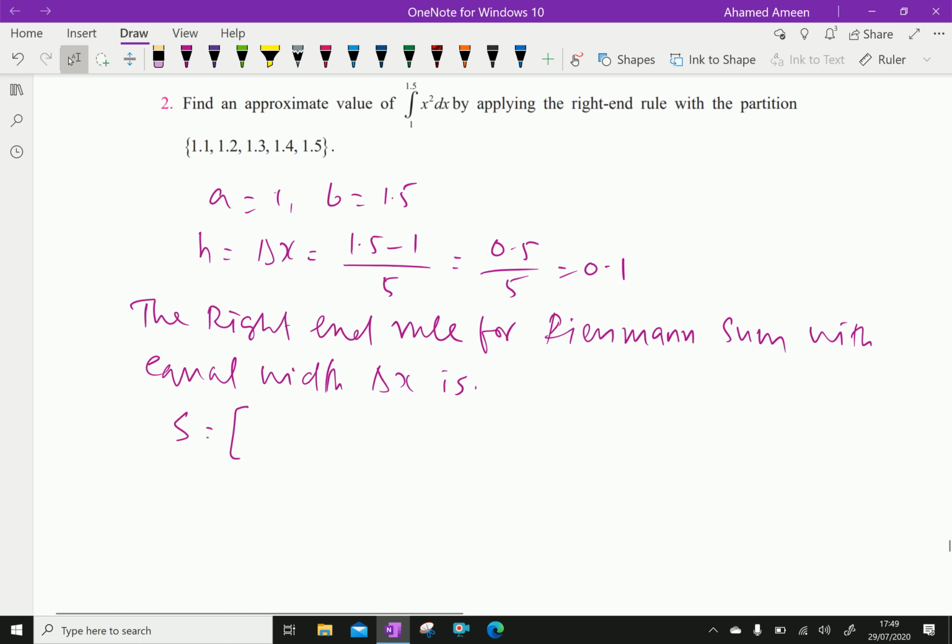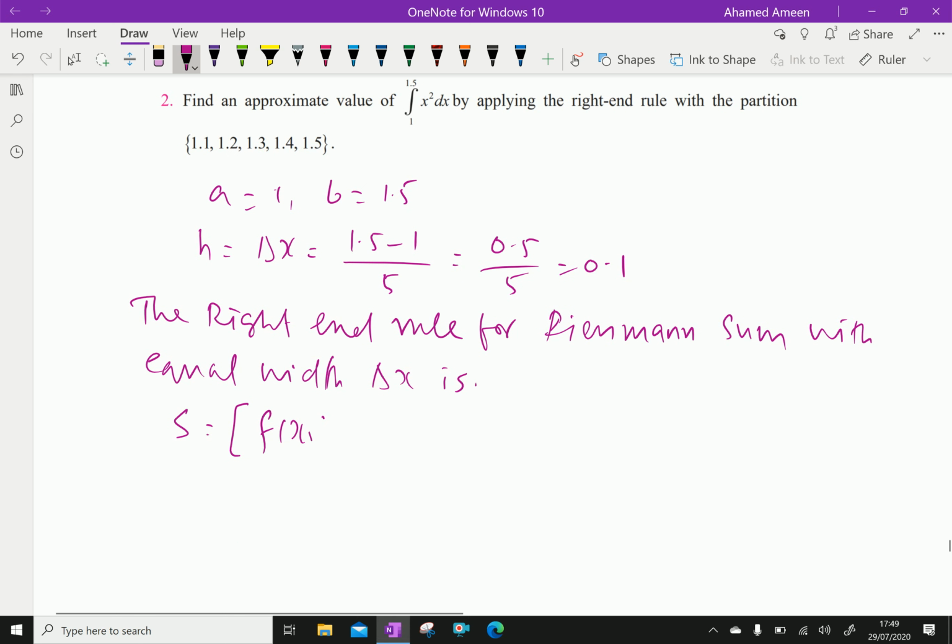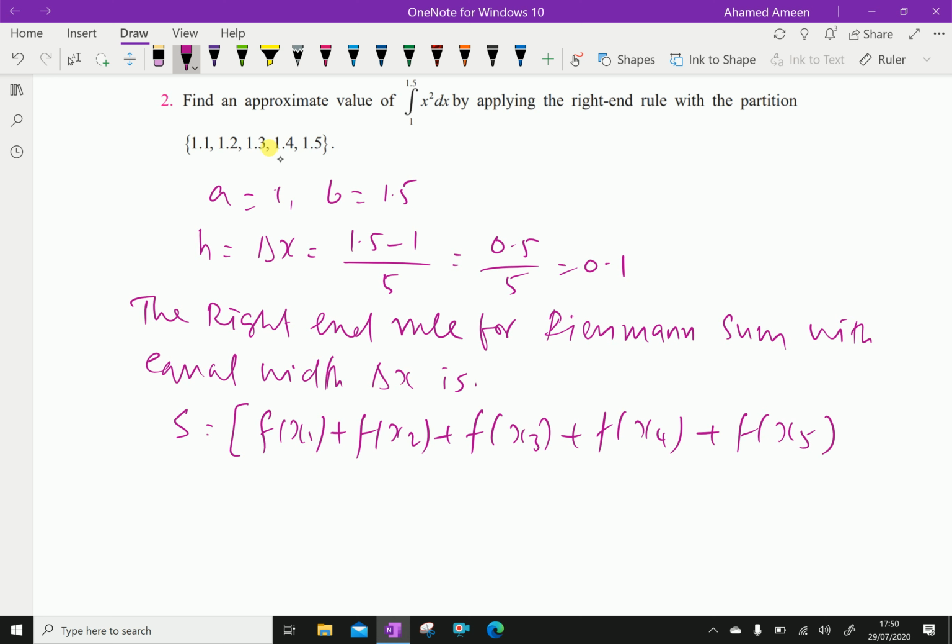That is f of x1 plus f of x2 plus f of x3, f of x4, f of x5, multiplied by delta x.